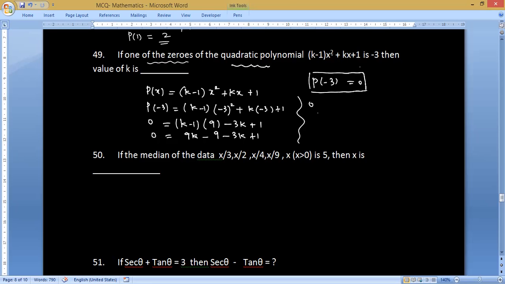So 9k minus 3k is 6k, minus 9 minus 1, that is 8. If I move 8 outside, 6k is equal to 8, k is equal to 8 by 6, 2 fours are 8, 2 threes are 6. So I'm getting k is equal to 4 by 3.